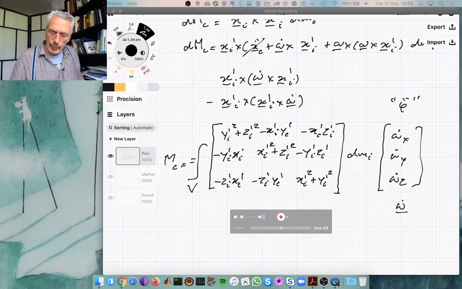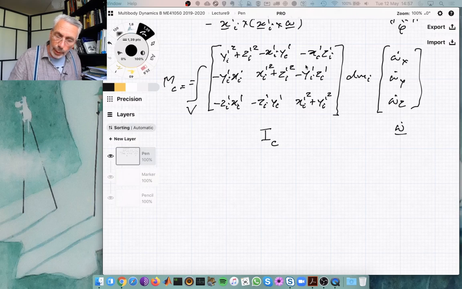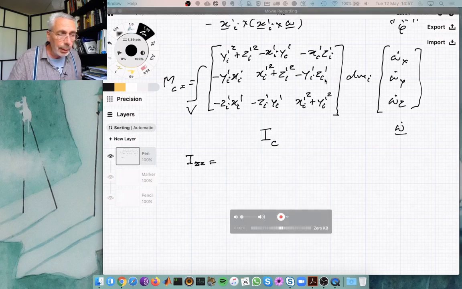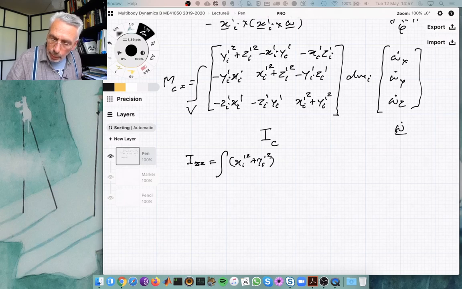Okay, so if I then evaluate this integral, that's exactly the mass moment of inertia term. So this is then exactly I, capital I. And we recognize stuff. For instance, we call this Izz, and that's then this term. That is the integral of xi prime squared plus yi prime squared times dmi.